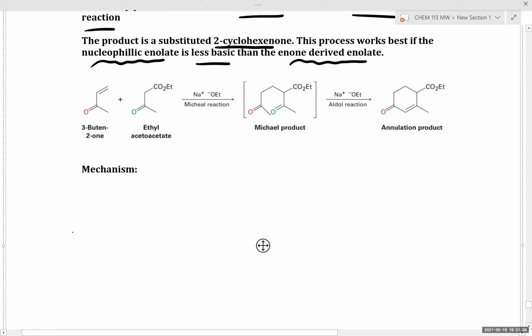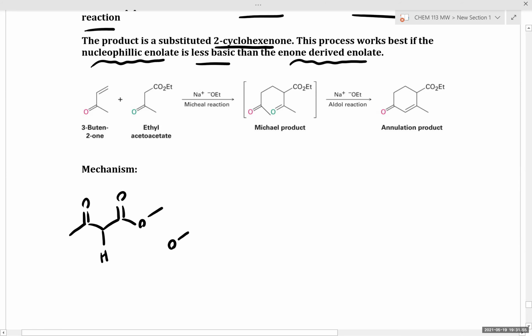So in this mechanism, as always, we're going to start with a malonate or a beta ketoester. In the case of the Robinson annulation, this starts from a beta ketoester because it's easy to generate the enolate. From here, we're going to deprotonate our acidic alpha position to generate our enolate.